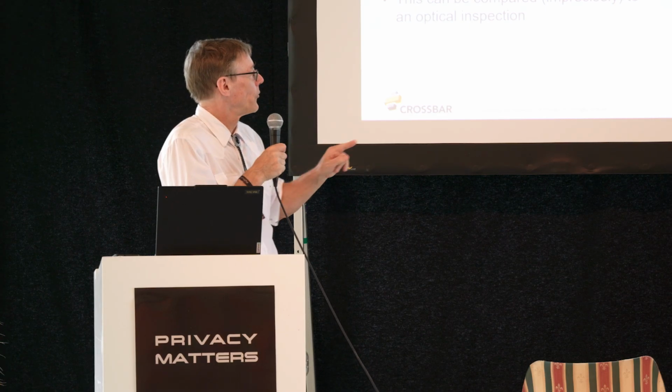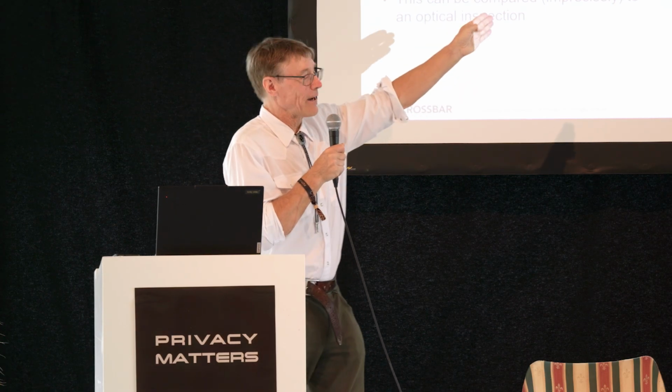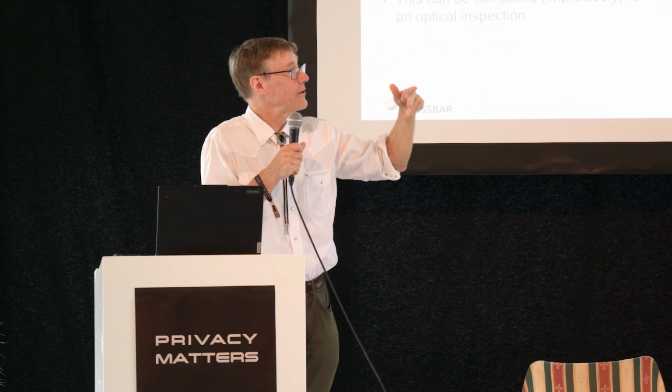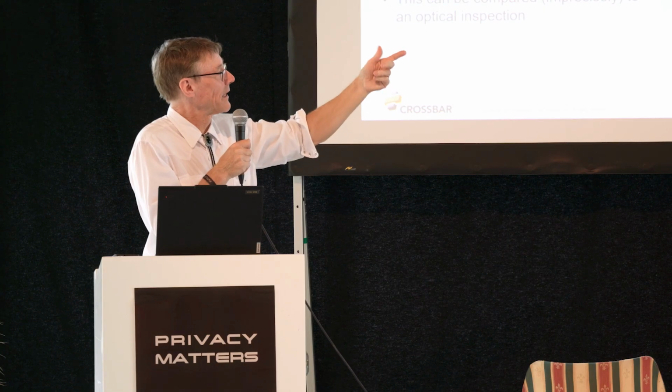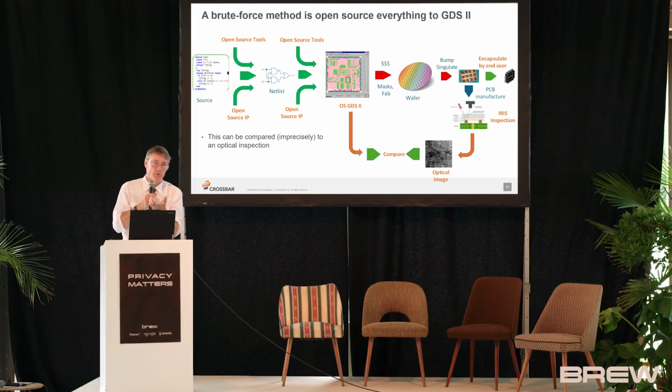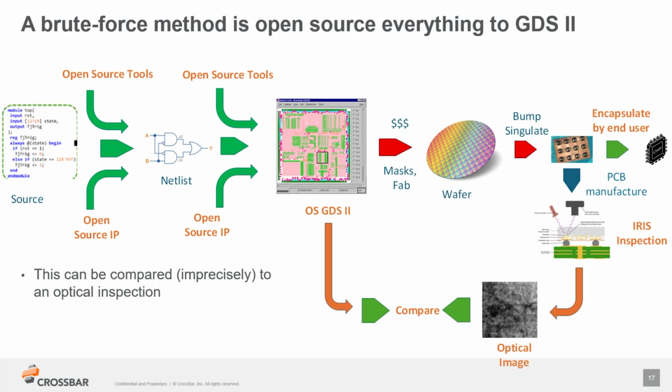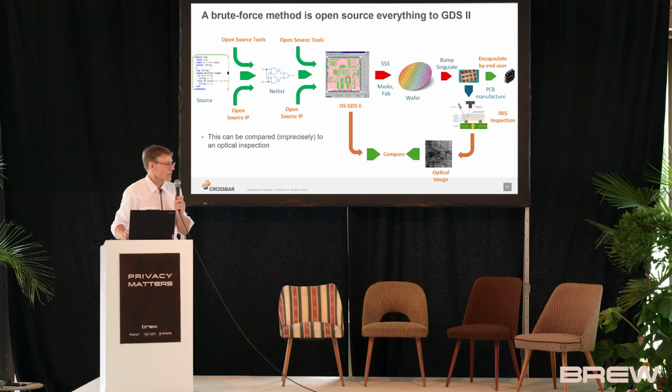Then you still have to go through a closed and expensive manufacturing process and bump, singulate the chip. But as it's on the device that you get in your hand, you could inspect it and with this infrared inspection, get an optical image. Now you have something to compare. So you could say, this seems to match the kind of image of the photographic plates that I generated. So that seems like a little bit of a way forward.